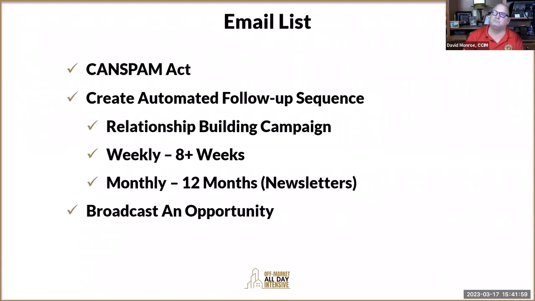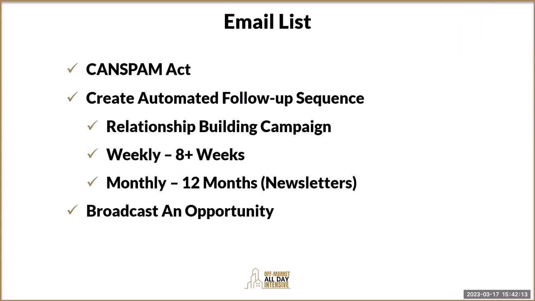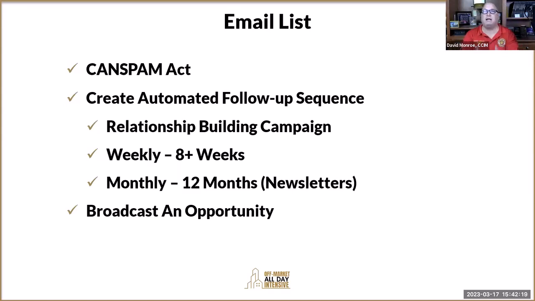Good questions. All right. So the other thing is when we find an opportunity, we can broadcast that opportunity to our email list that we are creating. So what I recommend doing is, go ahead, question. I'll ask it later. Go ahead. All right. So as I'm running my campaign and doing my 20 per day, I haven't entered them in the CRM yet, I've just pulled the data from CoStar and got it verified through REI Skip.